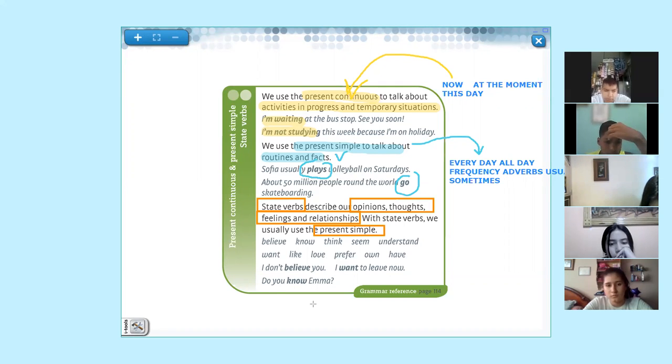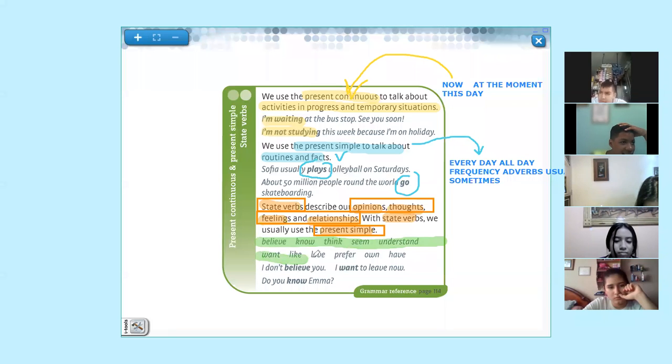What are the state verbs? Believe, know, think, seem, understand. Want, like, love, prefer, own, have.